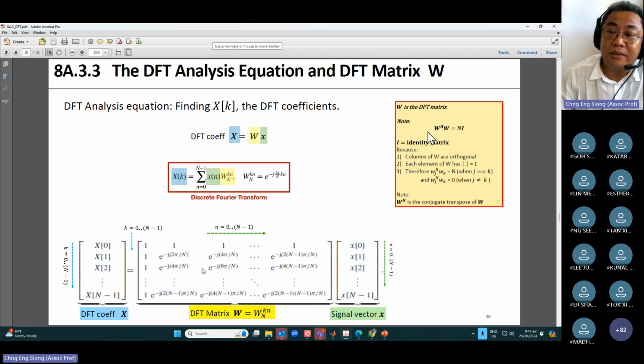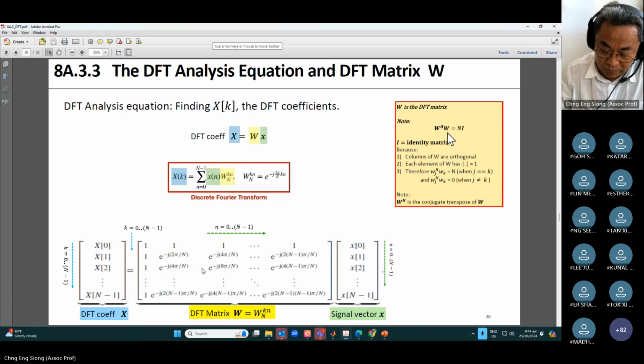When they're orthogonal, then WH times W equals not the identity, because each element of W was 1. So 1 times the other guy, which is 1, will give you n. So this column's inner product with this column will get you 0 because they are orthogonal. But when you do it against itself, you will get n. That's why you have n. That's why the inverse is 1 over n times WH. Okay. Does that answer your question?